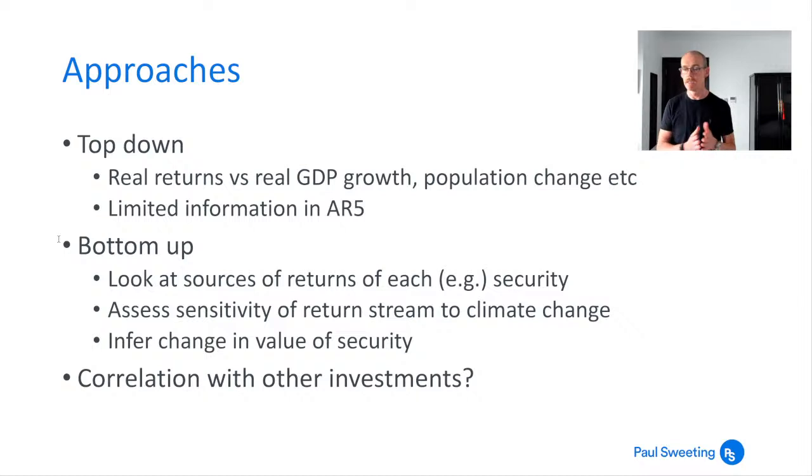That can be done, but it's important to recognise that those streams may not necessarily change. And also trying to look at the correlation of these changes with other investments, correlations. They're more predictable than investment returns, but they're still not completely predictable. So there just needs to be some caution there.